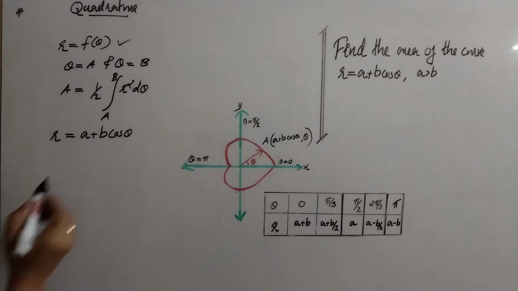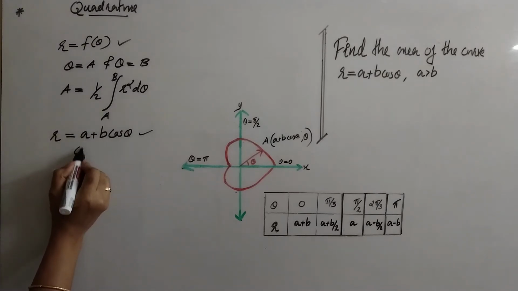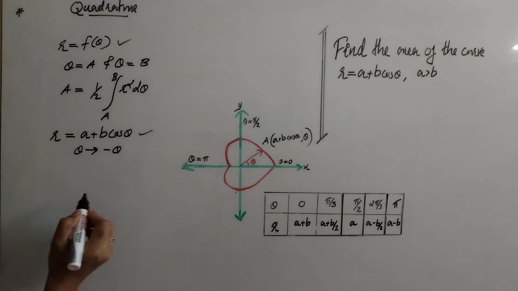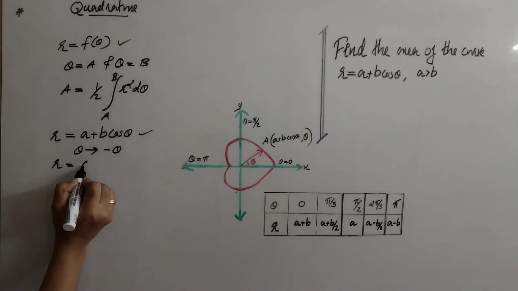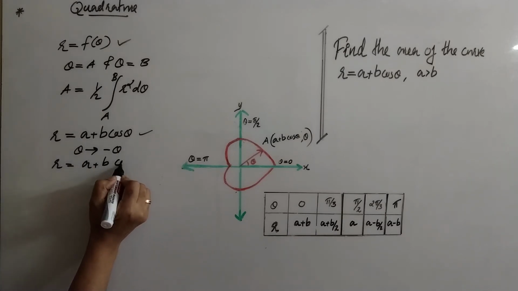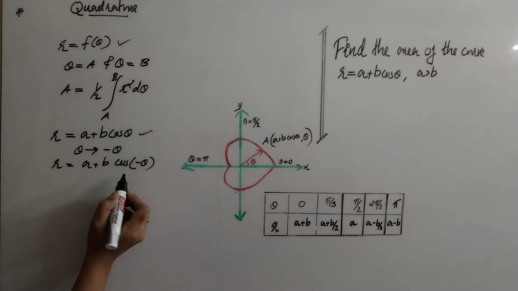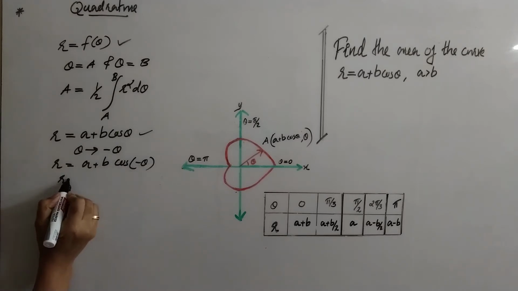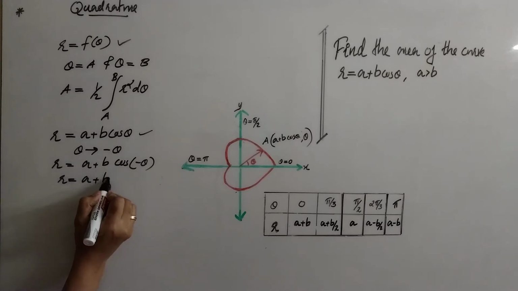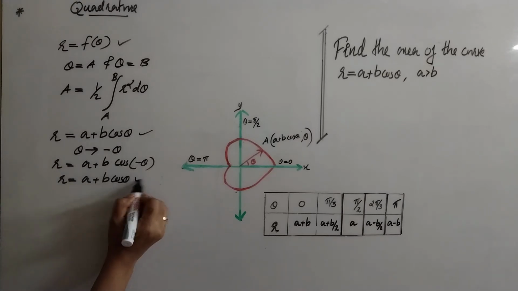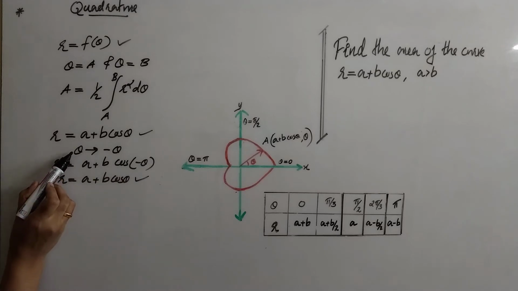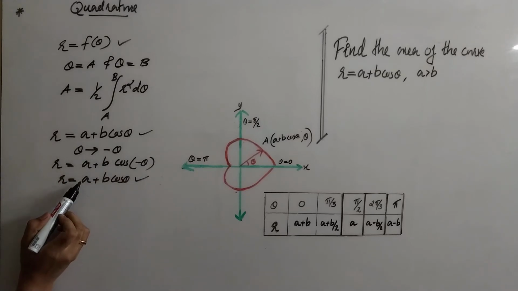Here, if we change theta to minus theta, we see that r = a + b cos(minus theta). Cos of minus theta is cos theta itself, that is r = a + b cos theta. So changing theta to minus theta does not alter the given equation.